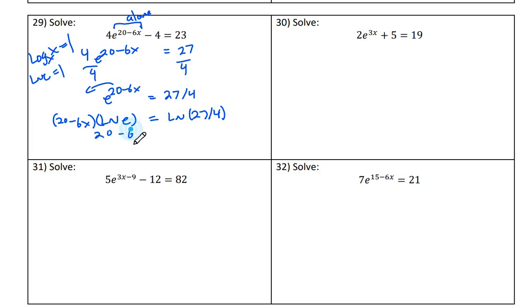So I have 20 minus 6x equals ln 27 divided by 4. Subtract the 20, divide by 6. So I'll put the answer up here. I get 6x equals, again, subtract the 20, divide by 6. x equals ln 27 over 4 minus 20, divided by 6.